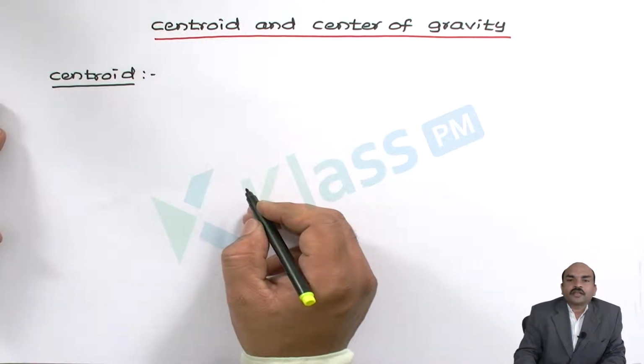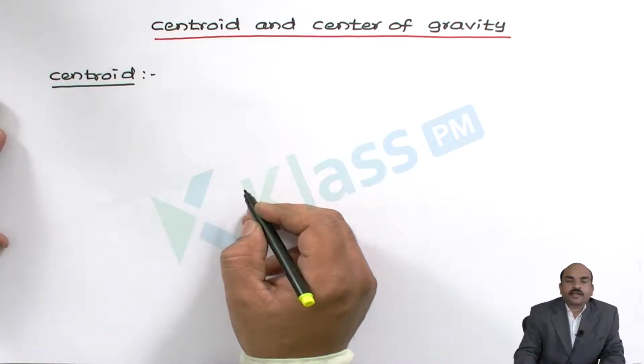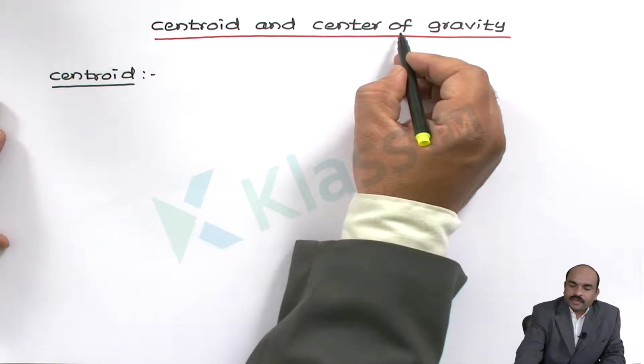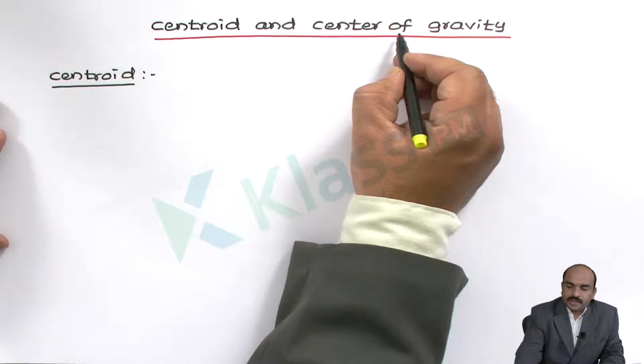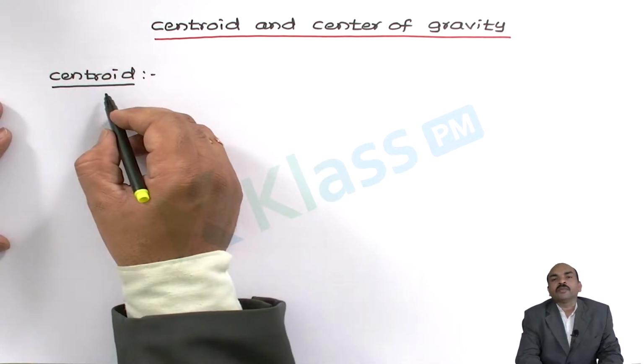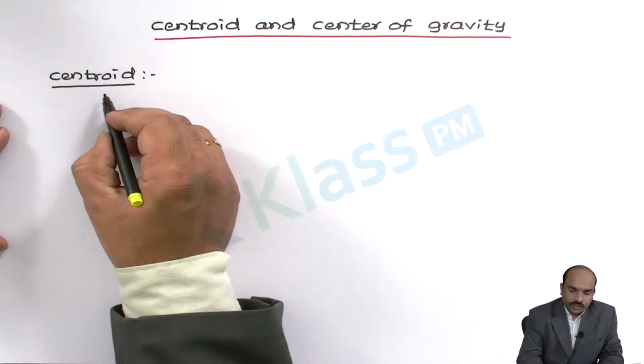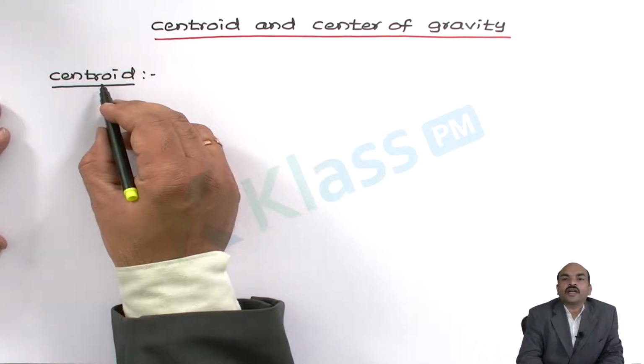This centroid is nothing but the center of a plane or area, and the center of gravity means the center of any solid object. Centroid can be defined as the point through which the total area of the plane will be acting, and this word centroid we will be using for planes, that is for two-dimensional planes.